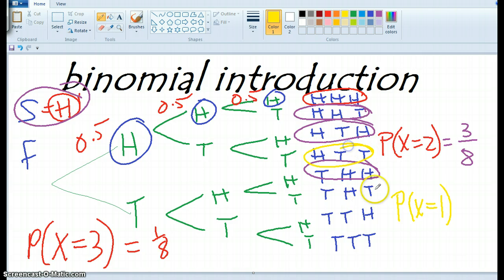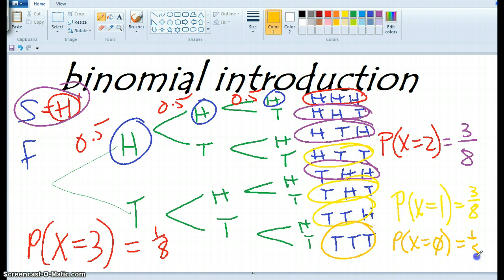So 1, 2, 3 over 8. And what's the probability that there's no favourable outcomes? 1 over 8. Okay. So the 3/8 plus 3/8 plus 1/8 plus 1/8 adds to 1.